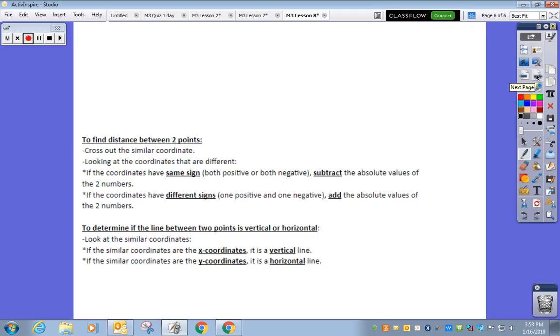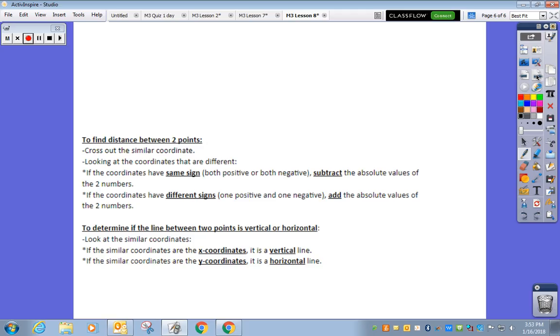Okay, sorry, jumping ahead. Now you'll see that there are some notes here that you can use to help you with this. So to find the distance between 2 points, you're going to cross off that similar coordinate, so the number that they both have in common in the same spot. You're going to look at the coordinates that are different. If the coordinates have the same sign, they're both positive or they're both negative, you're going to subtract their absolute values. If the coordinates have different signs, one is positive, one is negative, you're going to add their absolute values.